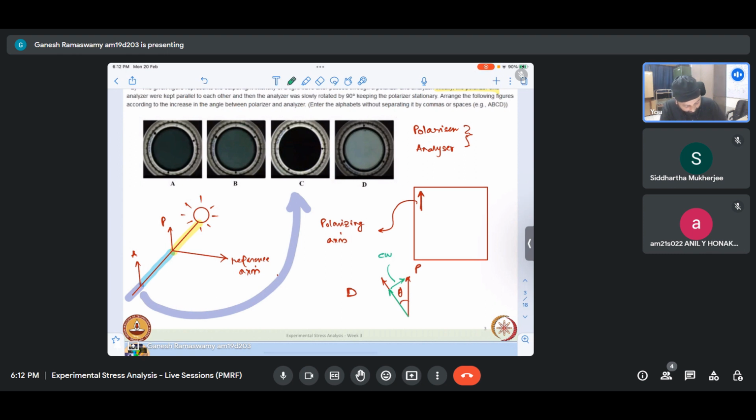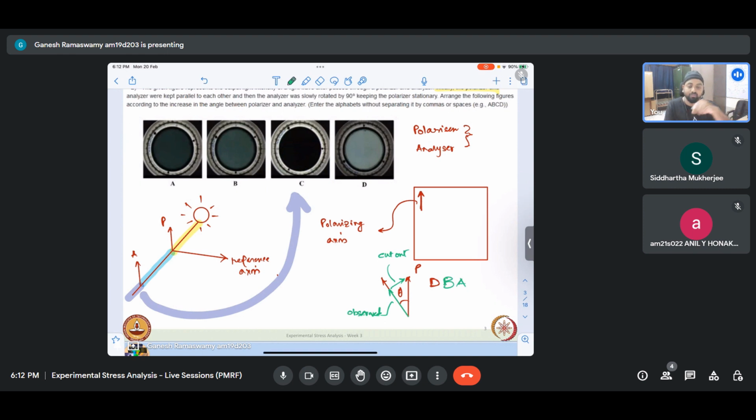So as a function of theta, it is nothing but the incident light's cos theta. So naturally, after D, we can see that it will be followed by B, which is then followed by A.